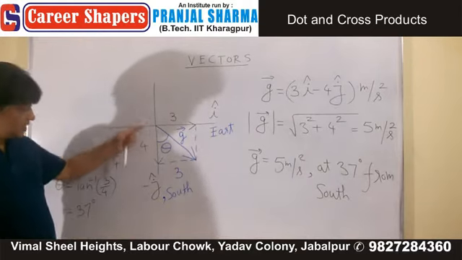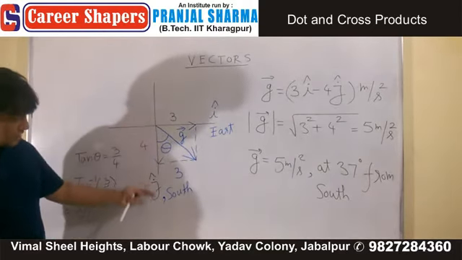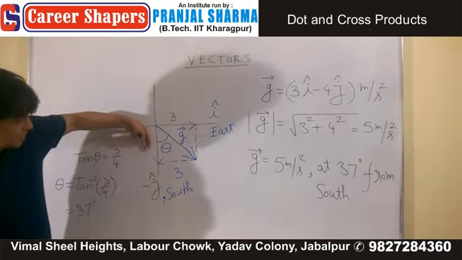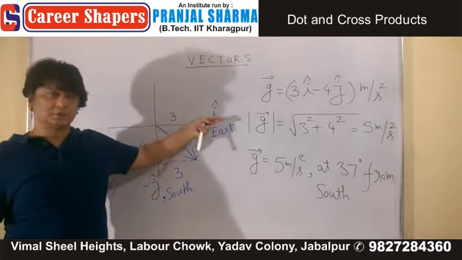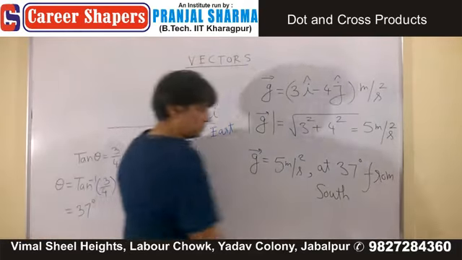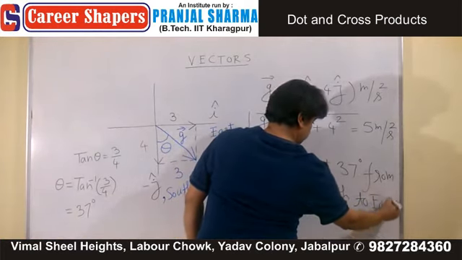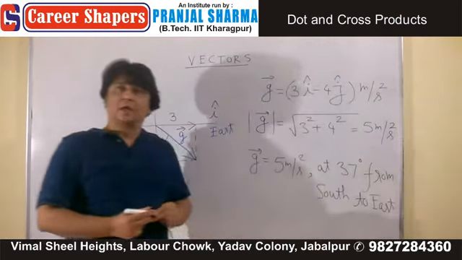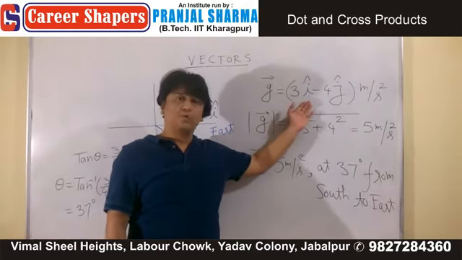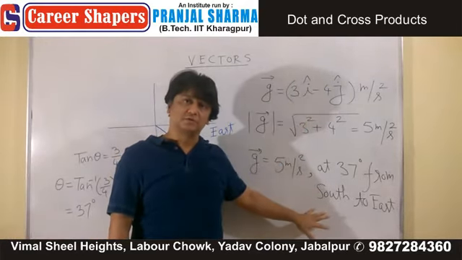You've taken 37 degrees from south towards east. From south to east. That's how we decode something like this.